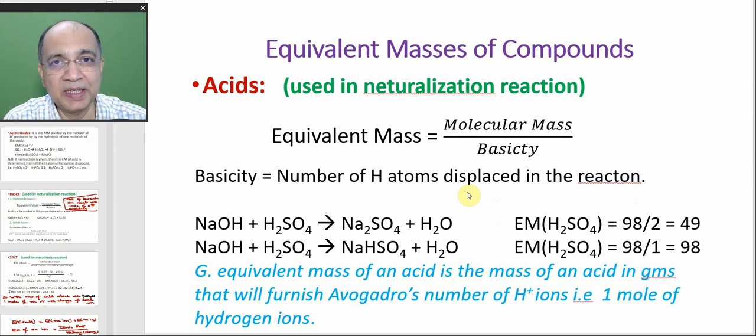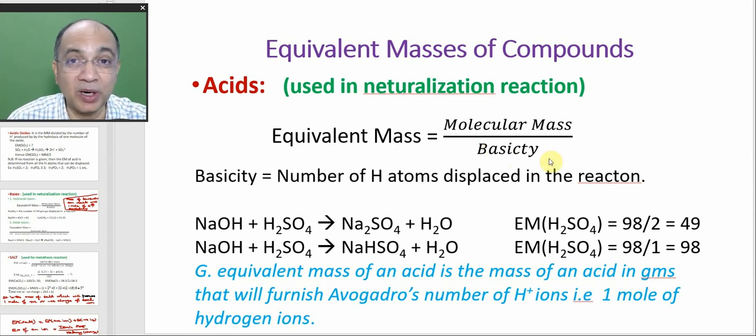Even if an acid has two replaceable hydrogen atoms like H2SO4, if a given reaction shows only one hydrogen replaced, then the basicity here is 1. So this factor will be 1, not 2.